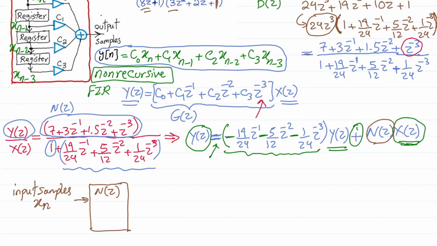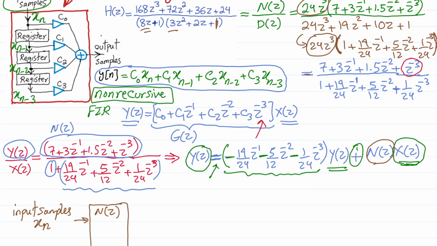But what is N of z? Take a look at it. It is effectively 7 for C0, 3 for C1, 1.5 for C2, and 1 for C3. So very nice.